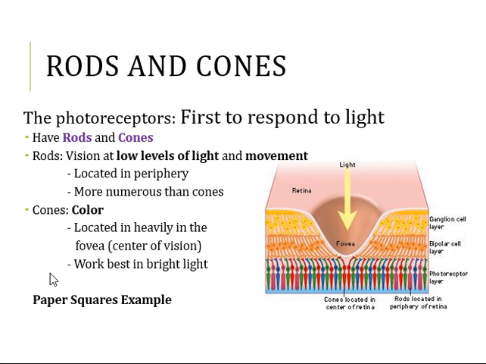If you've ever had a moment where you see something in the back of your eye, maybe sitting in a dark room, getting your work done, or watching a movie, and you think you might see something, and then you turn to focus on it, it's harder to see whether or not it's there, because cones work best in bright light. So it's hard to see what's going on, but it'll be much easier to see in your periphery. And the paper squares example will be tied to the lab report.